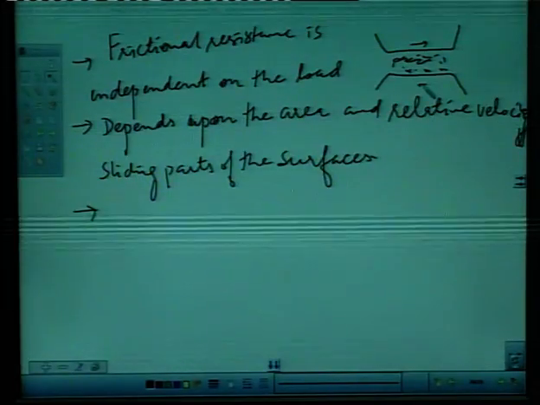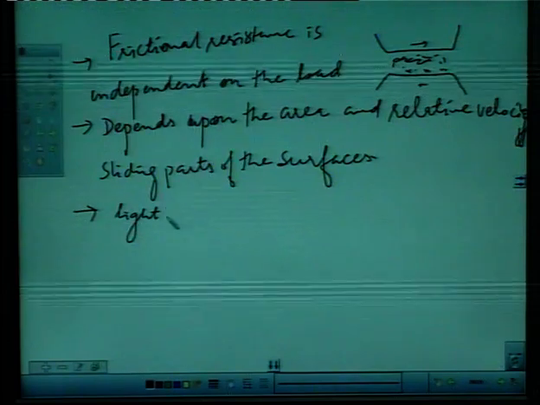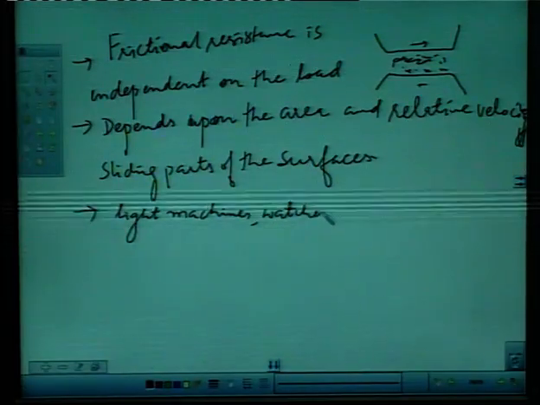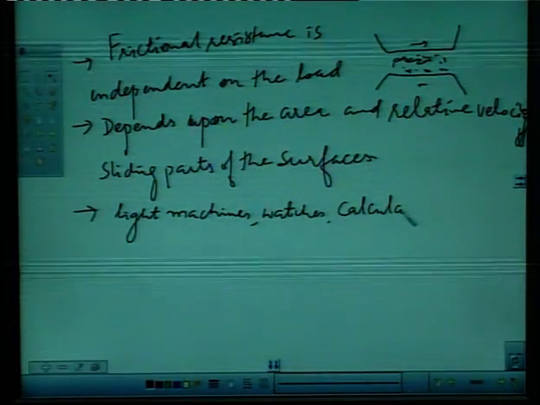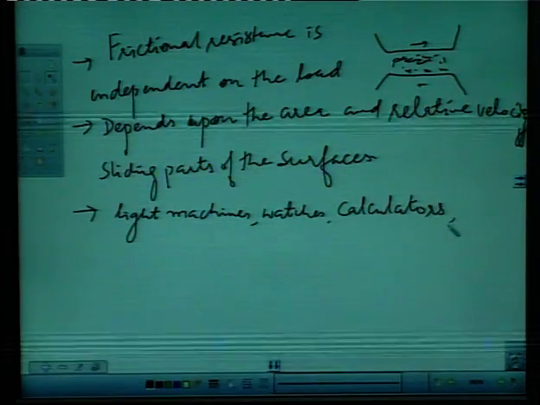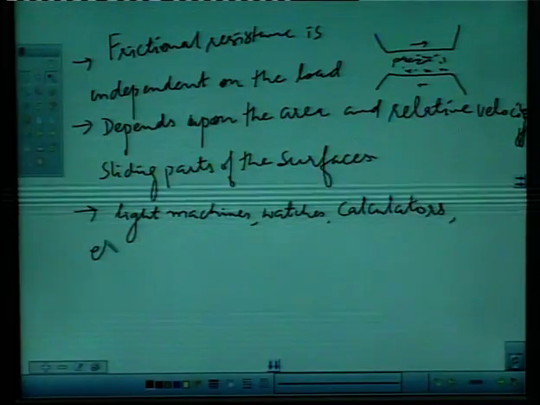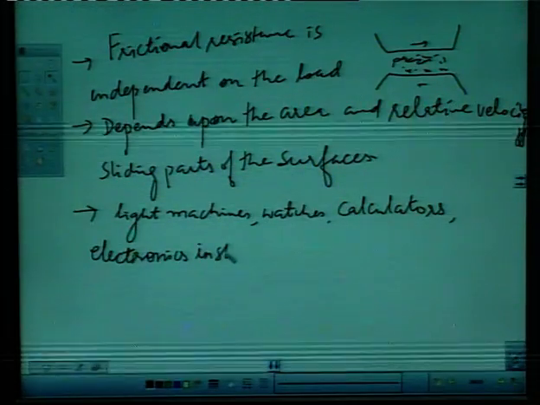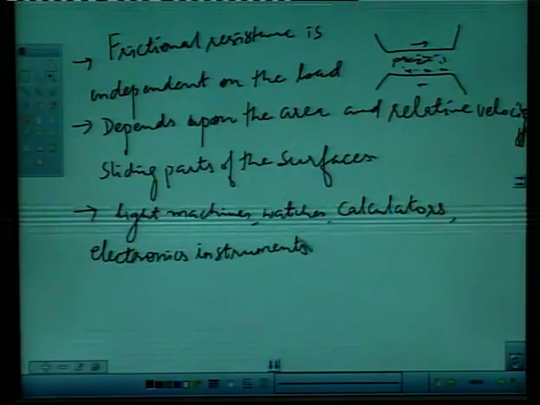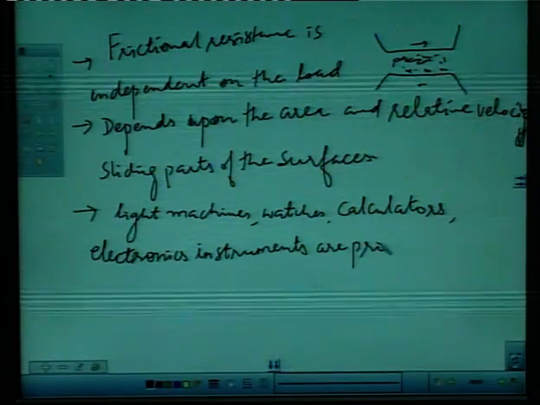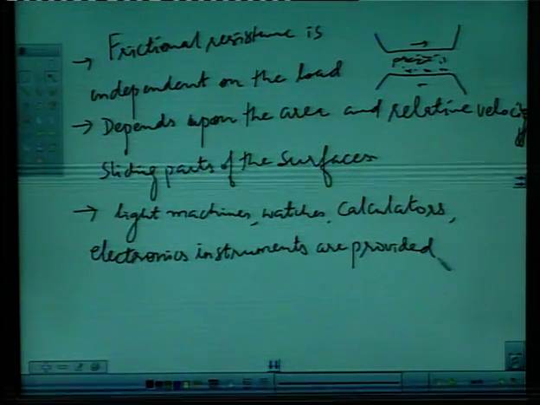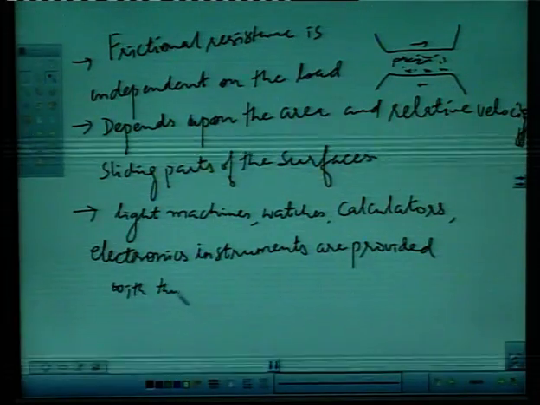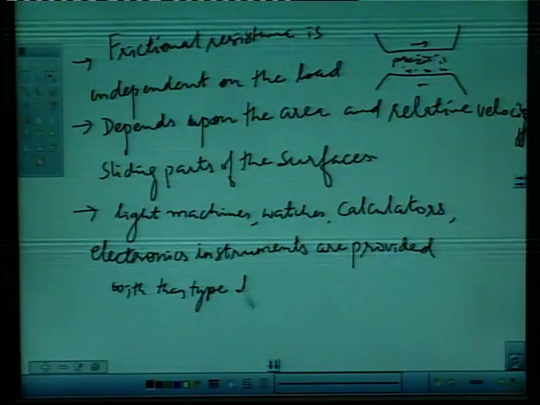So examples are light machines, watches, calculators, electronic instruments are provided with this type of lubrication.